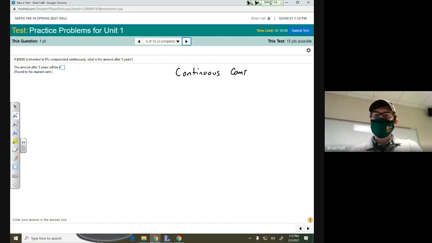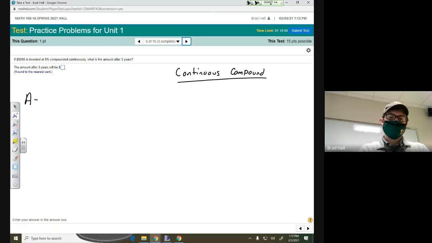So we're using the continuous compound formula, which is also known as the PERT formula. This is the PERT formula. We didn't really do too many examples with the PERT formula, but this is something that could easily be asked on the test.